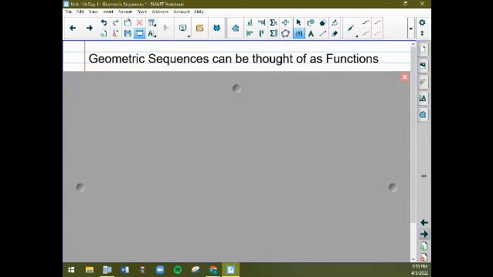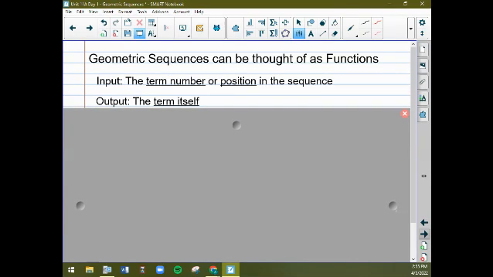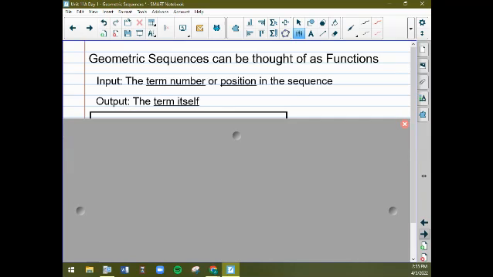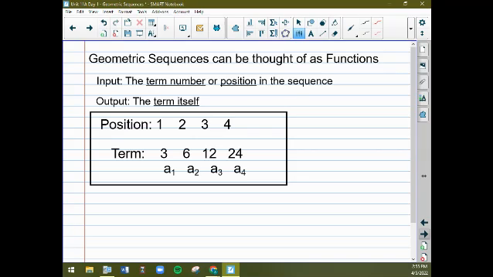All right, so next, geometric sequences can be thought of as functions, where functions have an input, which represents the term number, and an output, which represents the term itself. For example, the position in the sequence would be my input.